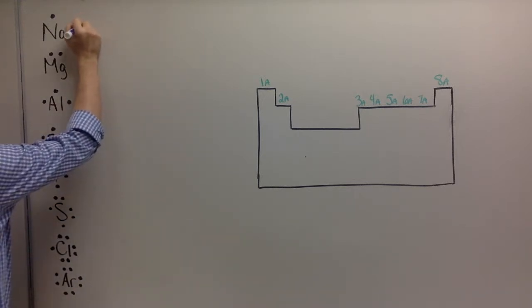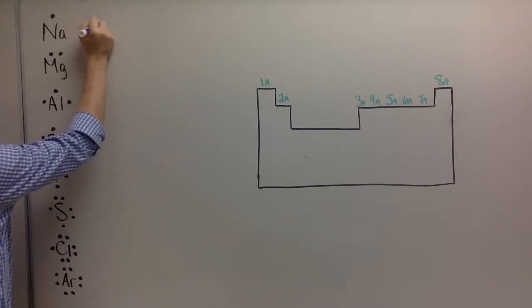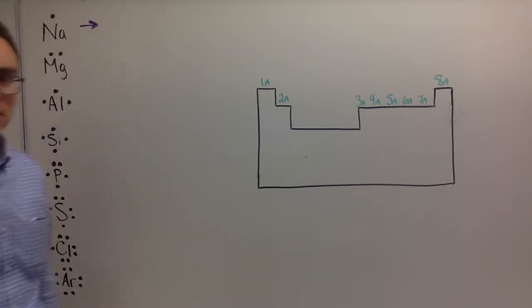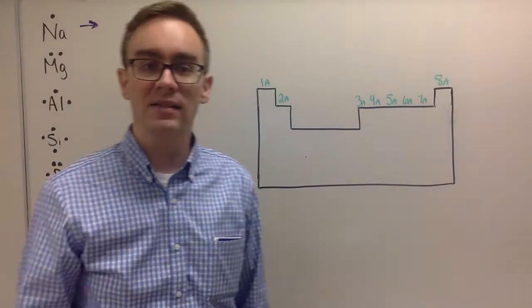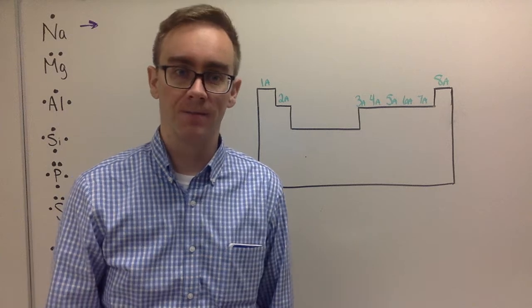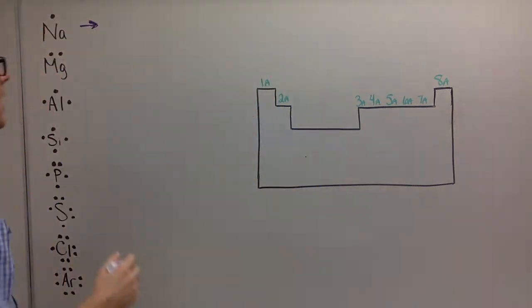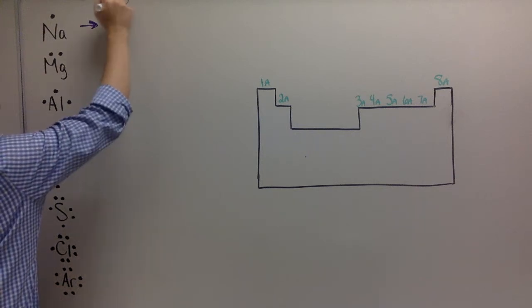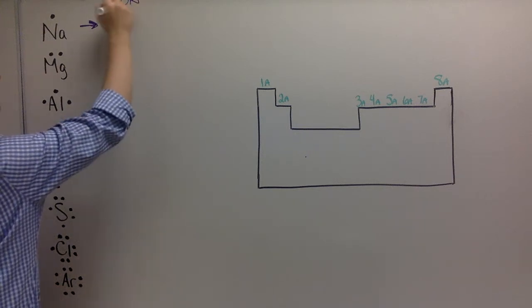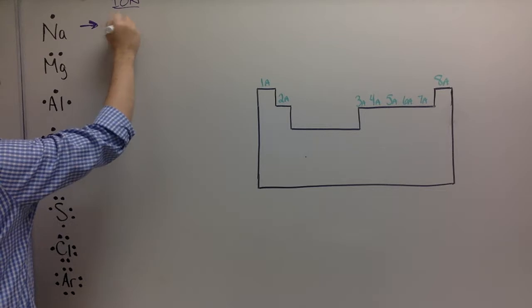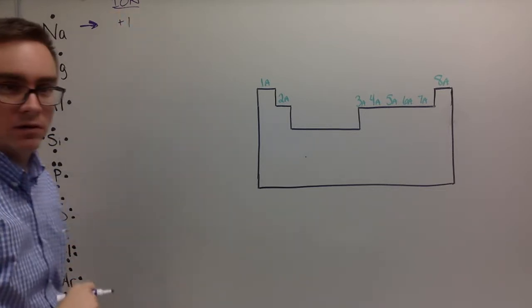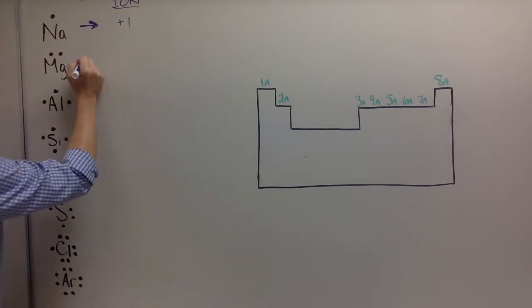Sodium has 1 valence electron, which means it's either going to try and gain 7 more or lose 1. It's going to lose 1 electron, becoming an ion of a +1 charge. Magnesium has 2 electrons.